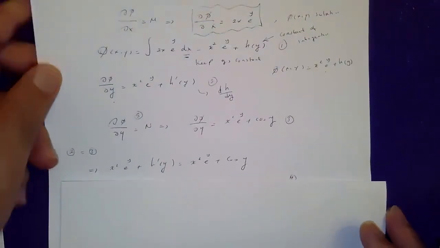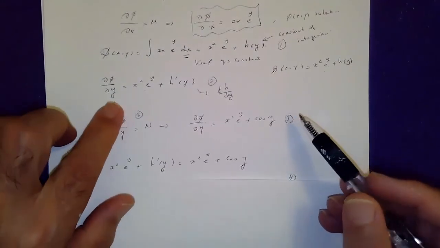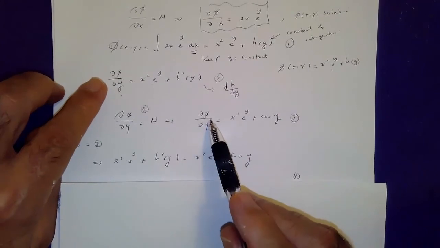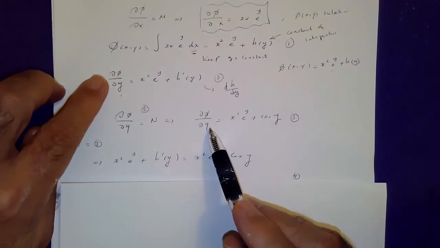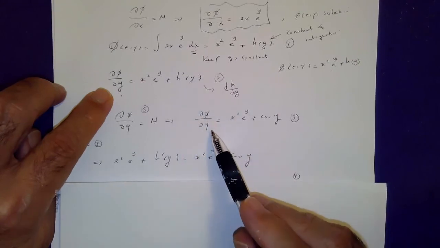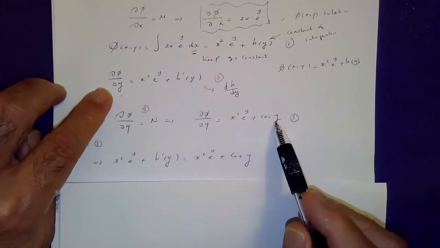So if you compare equations 2 and 3, they both represent the same partials. Can you see it? The partial derivative of phi with respect to y is this, and the partial derivative of phi with respect to y is this function.